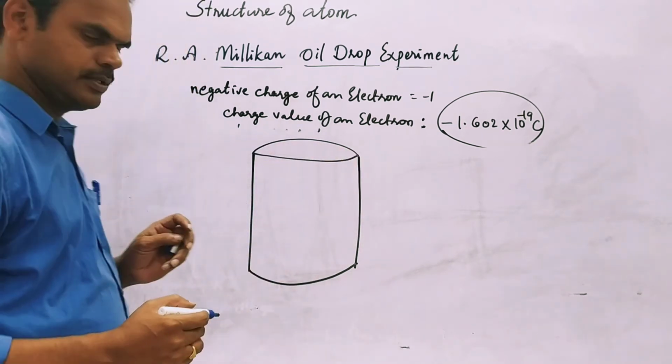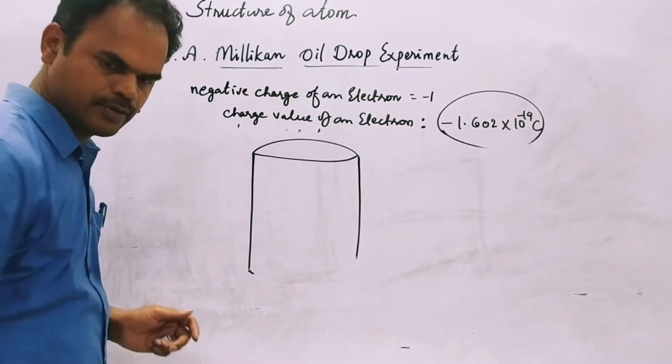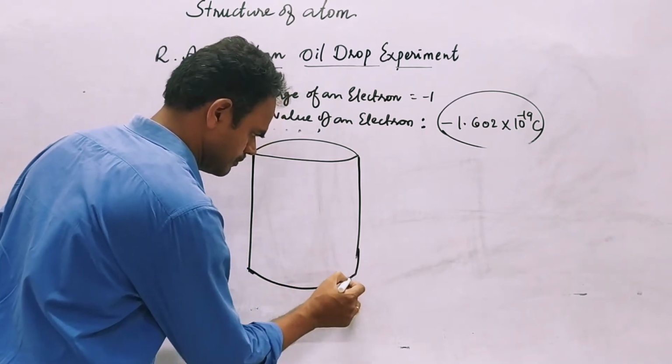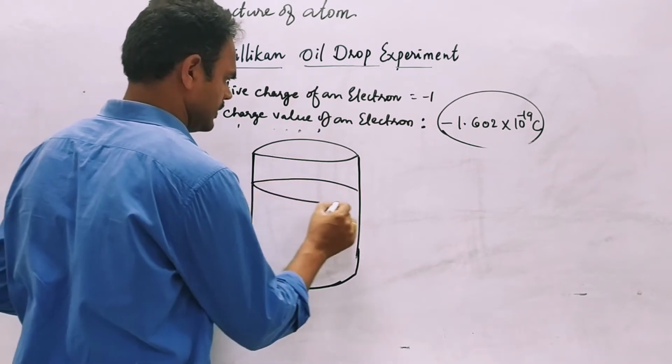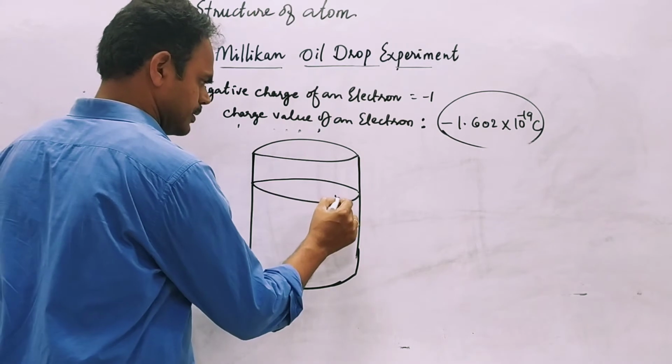So in this experiment, they devised one setup. In this setup, they have taken two electric plates, electric condensers, one having positive charge, with a small pinhole here.